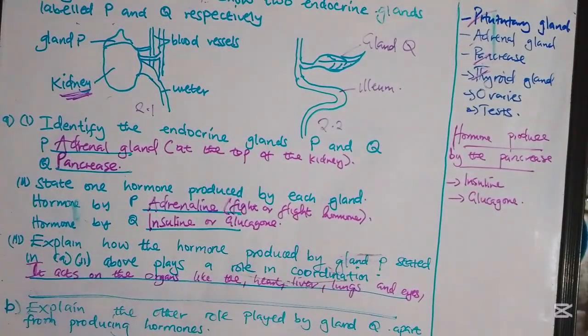So we are saying that it acts on how many organs? The heart, liver, lungs, and the eyes. So it does different things to these 4 organs.